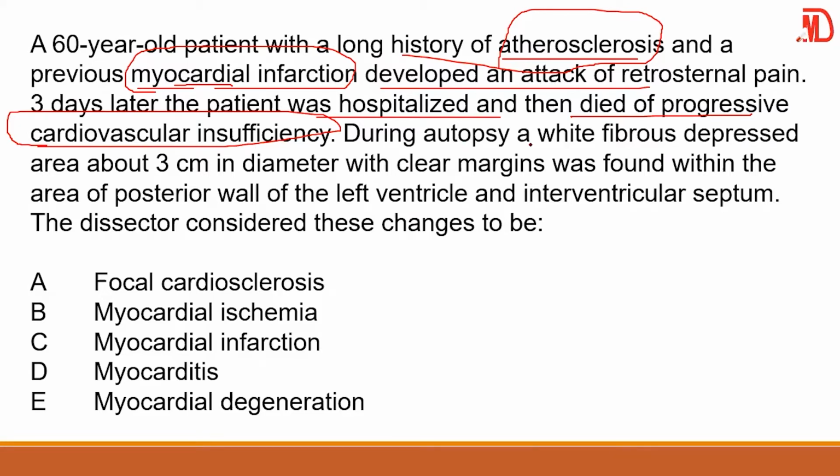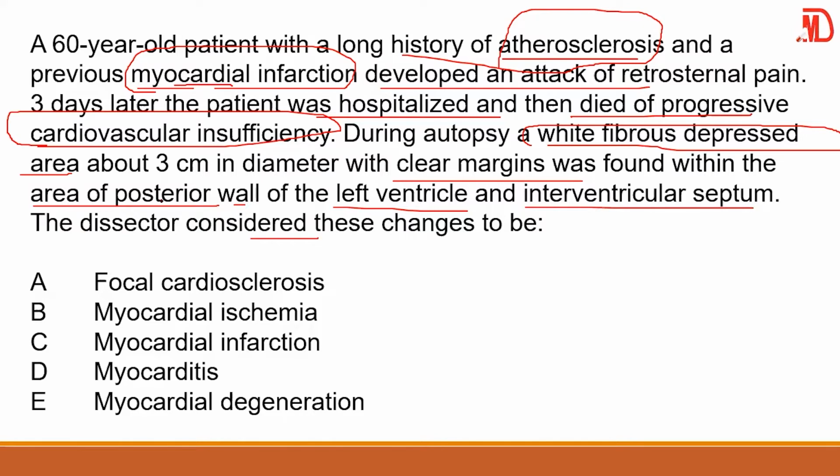Now, during autopsy, a fibrous depressed area about 3 centimeters with clear margins was found within the area of the posterior wall of the left ventricle and the interventricular septum. The dissector considered these changes to be what?